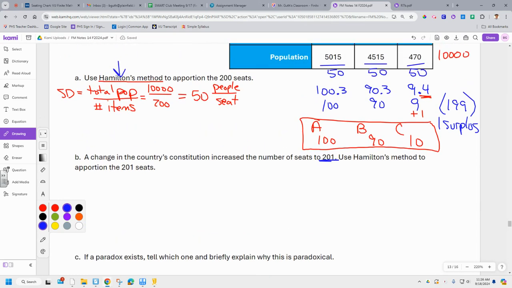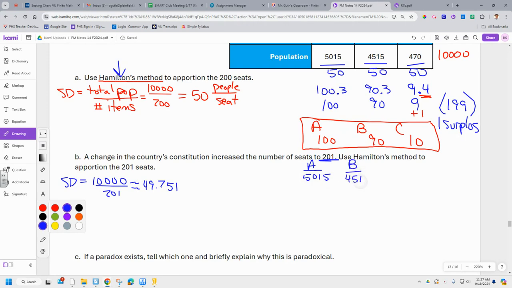So it's very similar calculation, except this time when we find that standard divisor, you're going to take the total number of items divided by 201. And that's about 49.751. That would be our standard divisor. So we take those numbers. A had 5,015, B had 4,515, and C had 470.